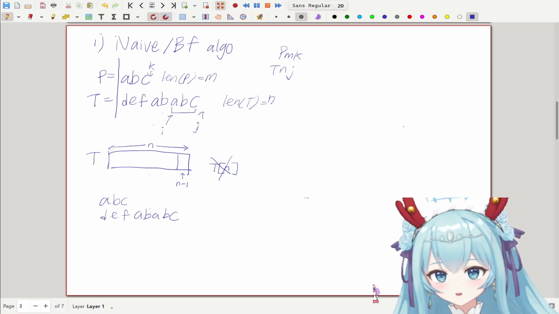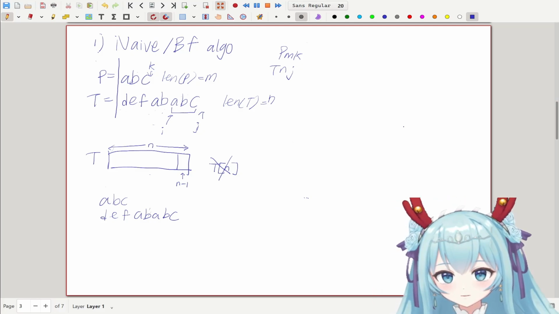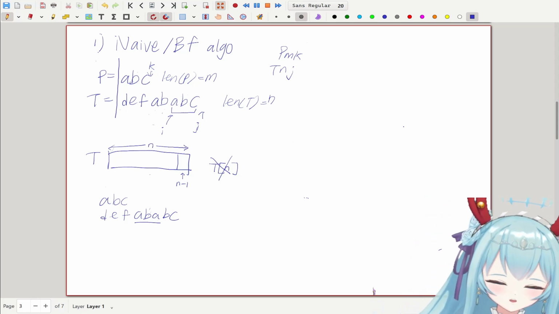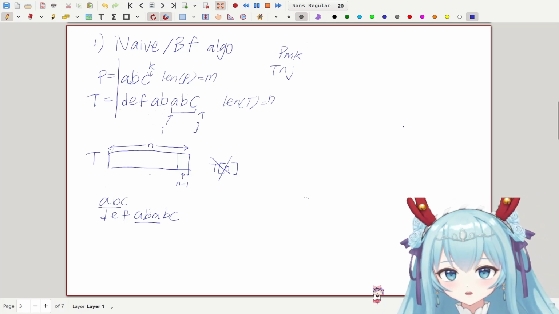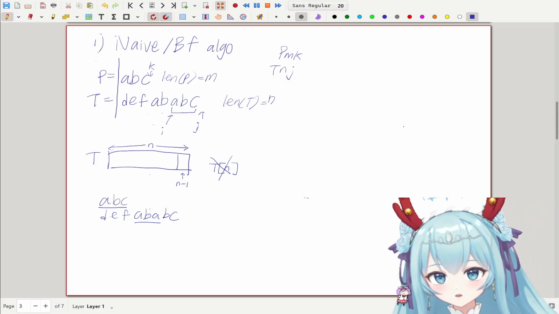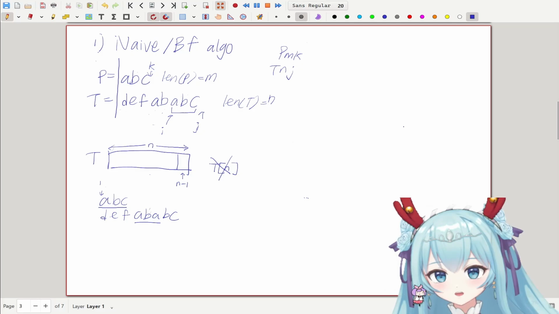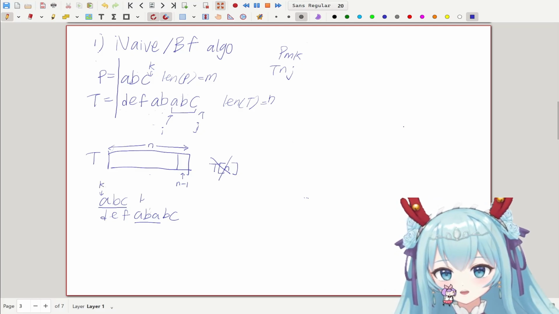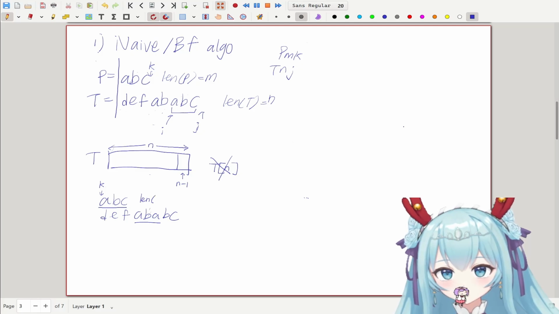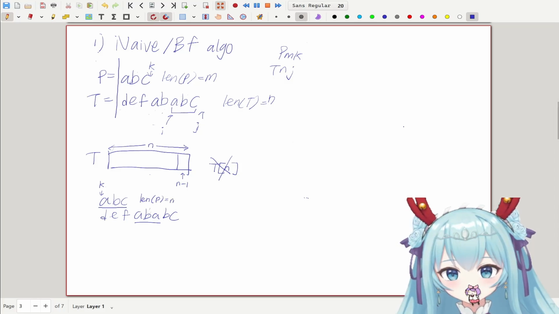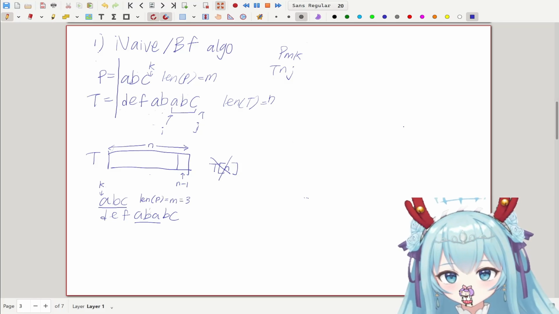Okay, let's say if we run through our algorithm and we reach over here. Remember, whenever we move on to another window, we'll need to reset K back to 0. So in this case, let's say K is over here. And remember, the length of P equals M, which equals 3.